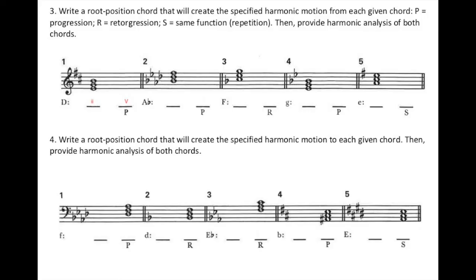So 2 would move to chord 5 or chord 7. So you could write either chord 5 or 7 there, right? Chord 2 going to chord 5 would be a progression. So you'd have little chord 2 for Roman numeral 2 and then uppercase 5. And the next row of questions are just in the bass clef. So really good exercises there in your use of key signatures.